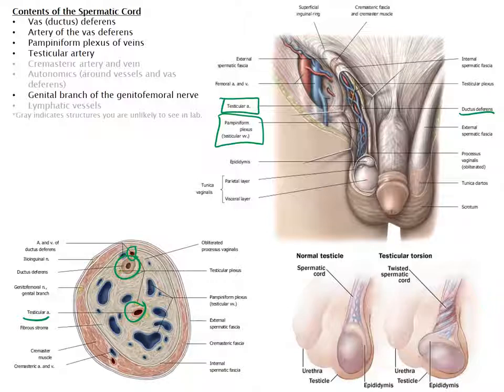Autonomics are not only needed for the vessels, but also needed for the vas deferens. These autonomics are generally referred to as the testicular nerve plexus. There is also a genital branch of the genitofemoral nerve, which is innervating the cremaster muscle. And lastly, there are very tiny lymphatic vessels that help to drain the region of the testis.